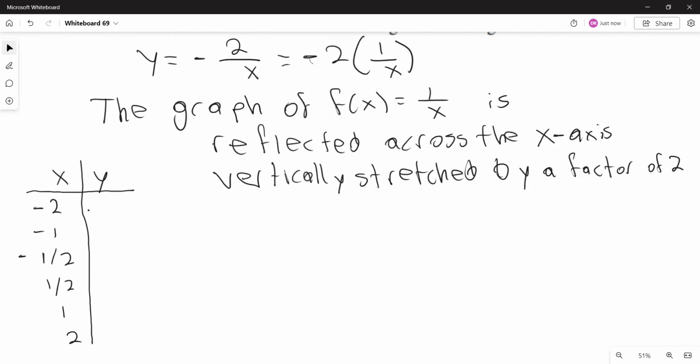So -2 over -2 is 1. -2 over -1 is 2. -2 over -1/2 is 4. -2 over 1/2 is -4. -2 over 1 is -2. And -2 over 2 is -1.